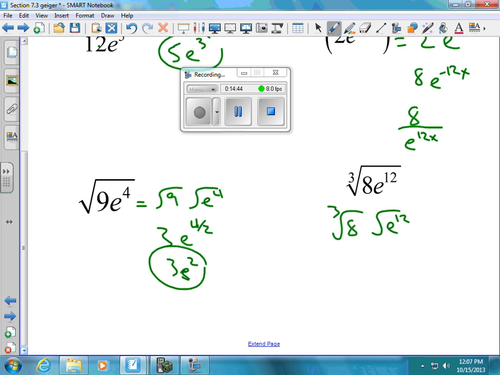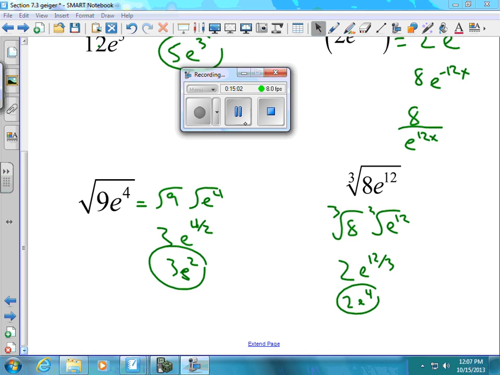Well, the cube root of 8 in the calculator is simply 2. The cube root of e to the 12th would be e to the 12 divided by 3, or e to the 4. So 2e to the 4. So our power rules work for e as well, as using it as it is.